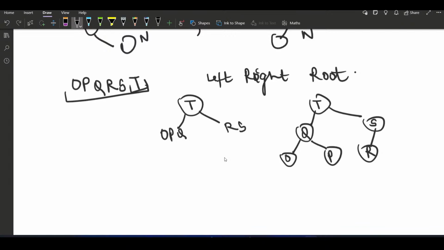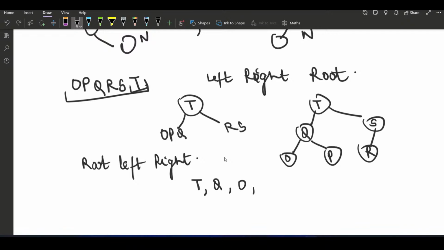So pre-order here means root, then left, and then right. So considering this as the base case, the pre-order traversal will be T, then we'll be moving to its left subtree, and here Q is the root, so Q will be there, and then we'll be moving to its left, and O will be there.